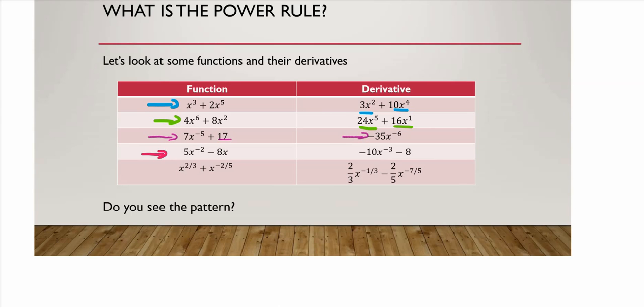That's going to give us negative 10x to the negative third power minus 8. And finally, the last example is x to the 2/3 plus x to the negative 2/5, and that's going to give us 2/3 x to the negative 1/3 minus 2/5 x to the negative 7/5.